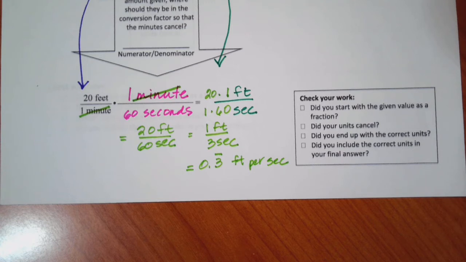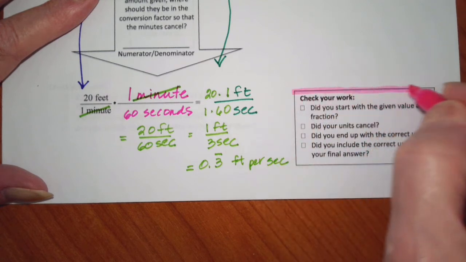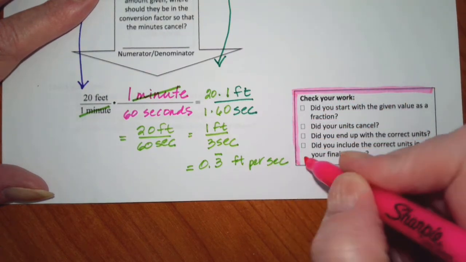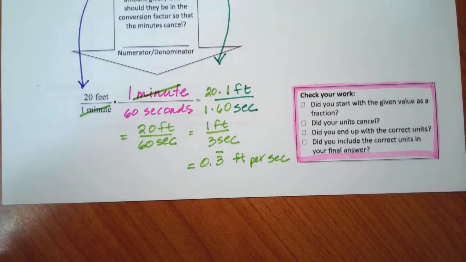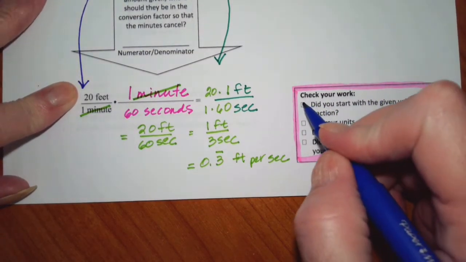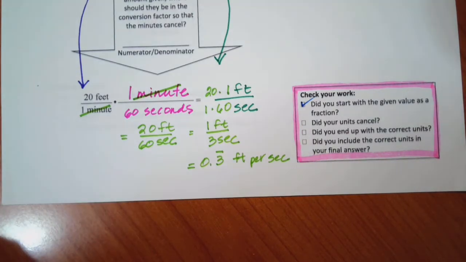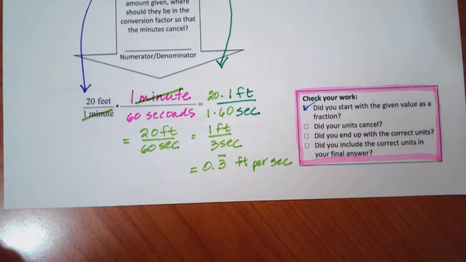And here's something really good to start with. You're going to want to look at these and check your work and make sure you did everything that you were supposed to. Okay, so did you start with the given value? Yes. That's what was given, so that's what I started with. Did you end up with the correct units?